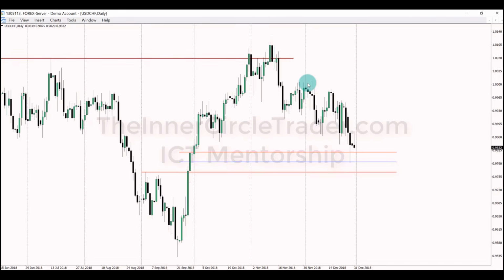Now, what did it trade up into? What's the significance of this area right in here? What's actually happening? Well, we have this down close candle here right before the up move. So isn't that the breaker? No, it's not the breaker.